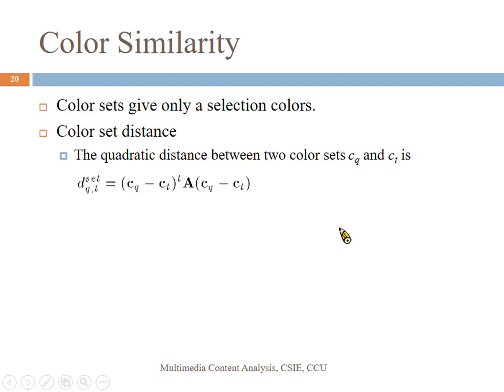So we can represent images by color histogram and calculate the Euclidean distance and the quadratic distance between them. We can also represent images by color set, and calculate the similarity between images based on quadratic distance or Euclidean distance. Here is the formulation for quadratic distance between two color sets, CQ and CT.